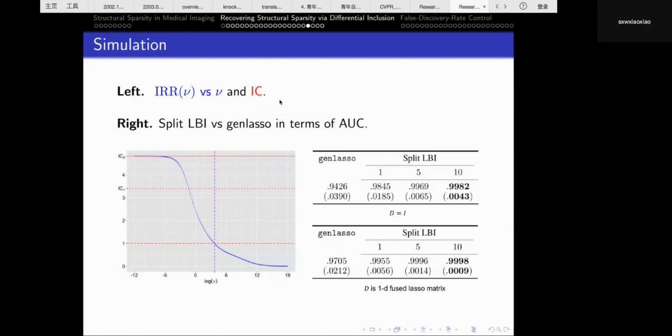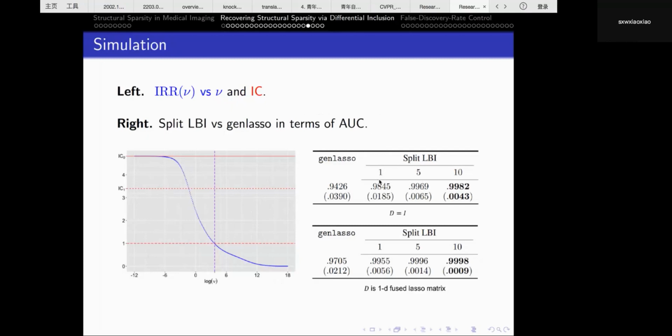We demonstrate the effectiveness of our variable splitting in terms of the AUC on the synthetic data set. The AUC measures the goodness of feature selection in the solution path, because a larger value of the AUC means early selection of the true signals.